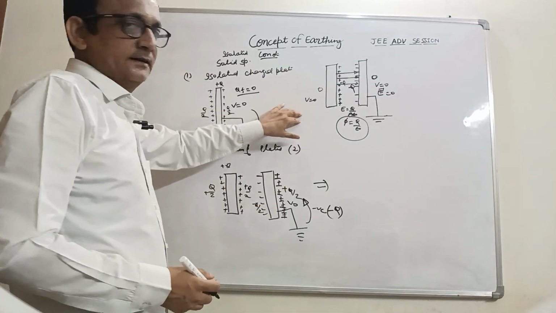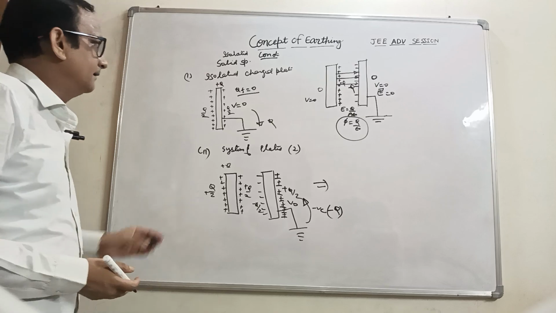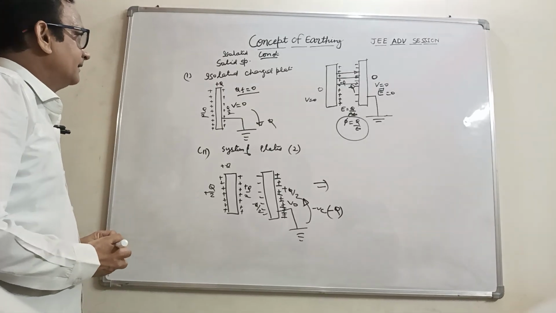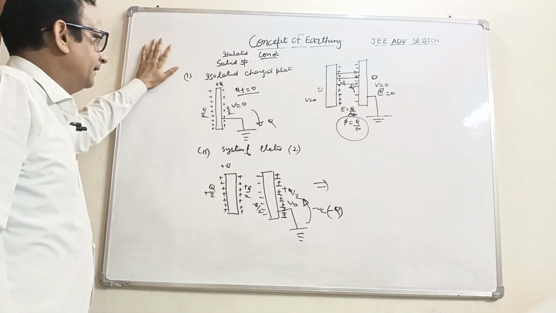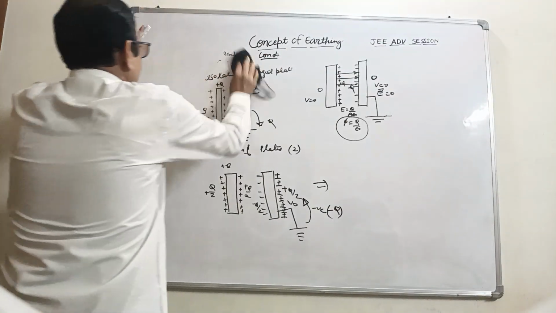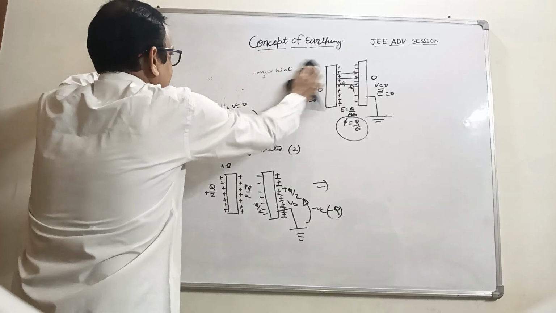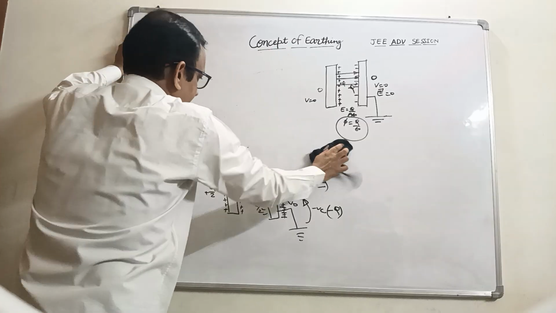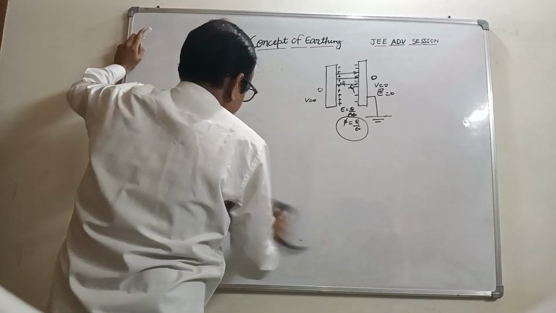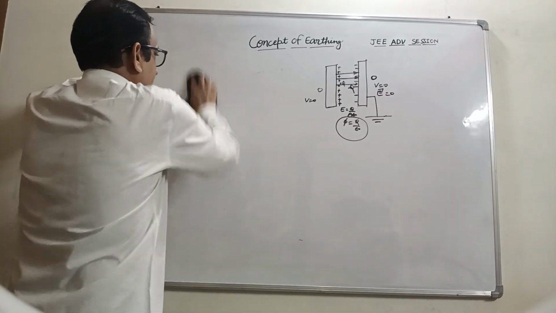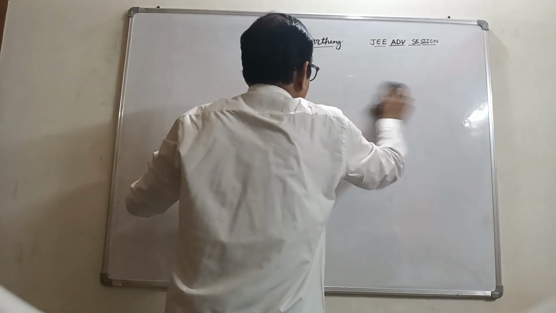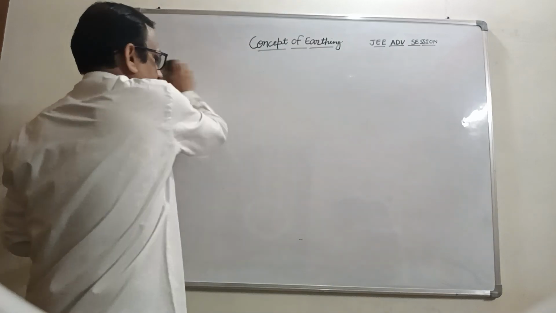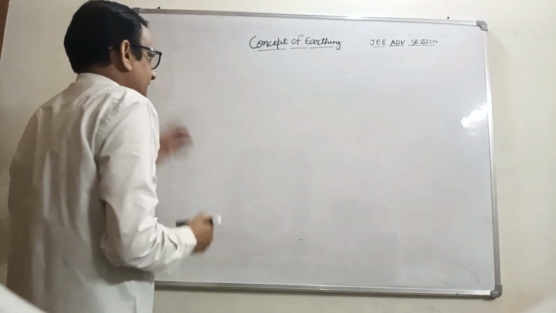We have discussed this phenomenon, and for better understanding we take an example that was asked in IIT JEE Advanced. Concentrate on this. A concentric shell is given, with inner radius 2 centimeter and outer radius 4 centimeter.